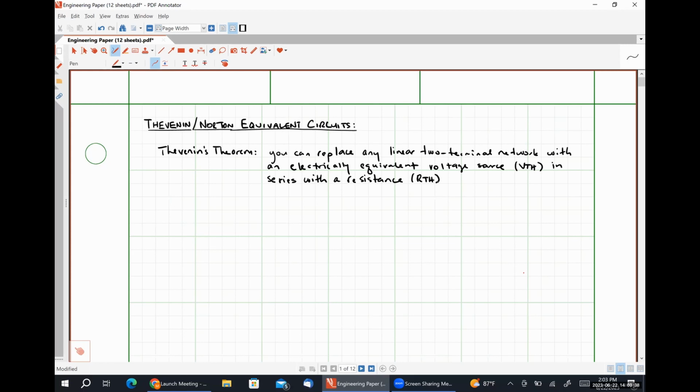So effectively, Thevenin's theorem states we can replace any two-terminal network with a practical voltage source.